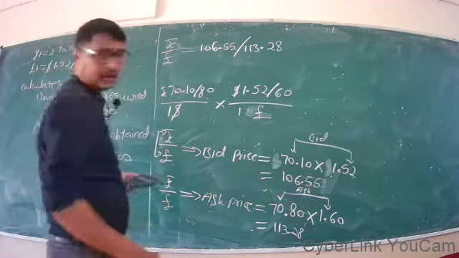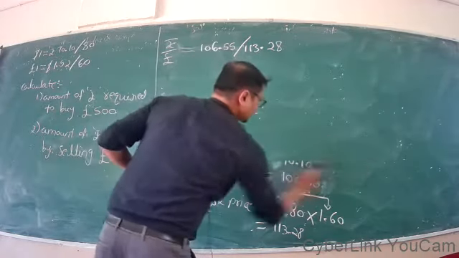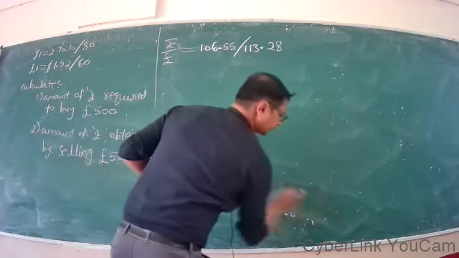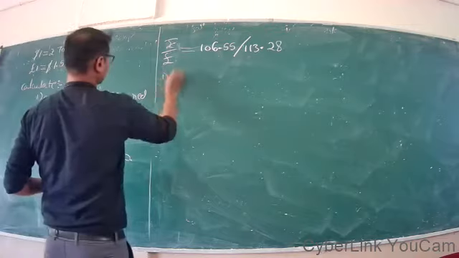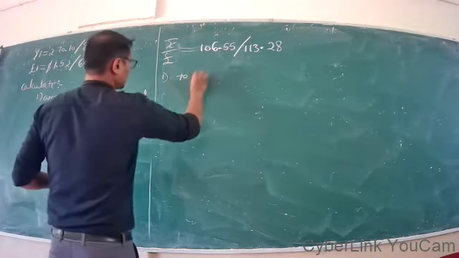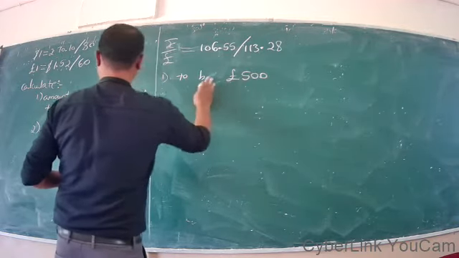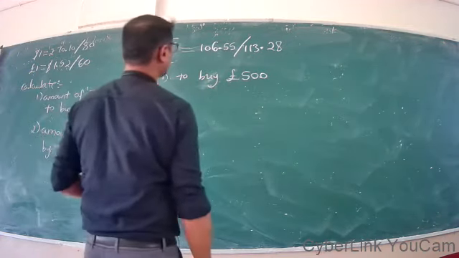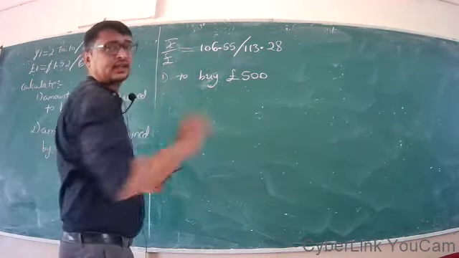So now we have this quotation. After getting this quotation, now they have asked two questions. So question number 1, amount of rupee required to buy 500 sterling pound.